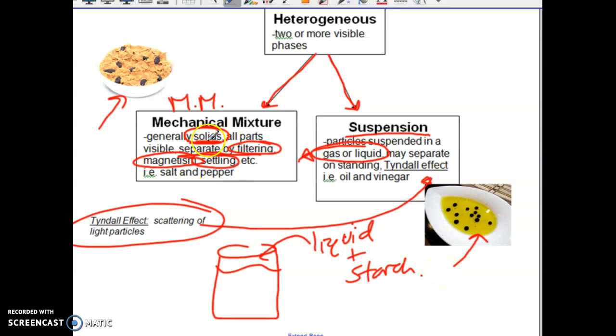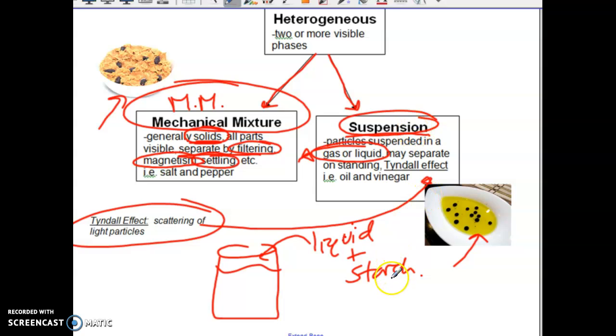So you're probably thinking, well, if it's a solid, it's a powder, you can separate them with a filter. But suspensions can sometimes involve solids, but they have to be so fine that basically it can't be stopped with a filter. Like it goes through the filter. Now, when you are told you have a solid and a liquid, you should be assuming you have a mechanical mixture, okay?